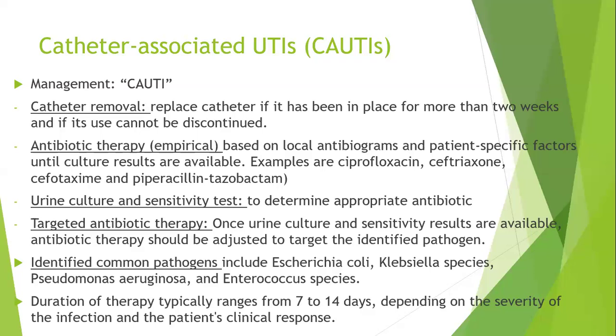The common pathogens identified are E. coli, Klebsiella species, Pseudomonas aeruginosa, and that will make you want to give a broad spectrum antibiotic that targets gram-negative pathogens or bacteria. Duration of therapy is usually between 7 to 14 days, but also you individualize your patient because the responses may be different from one patient to another.